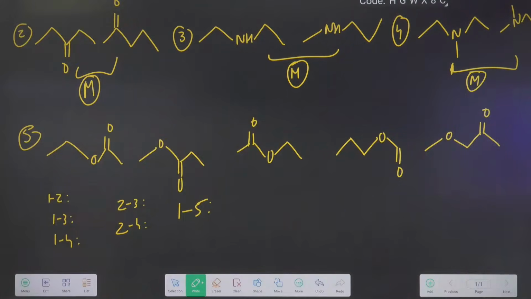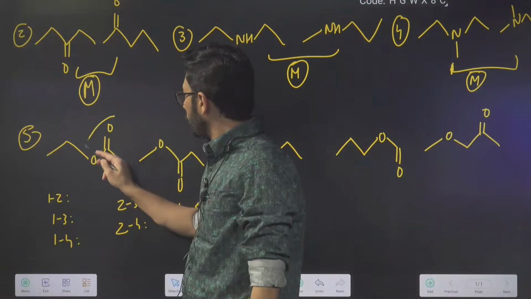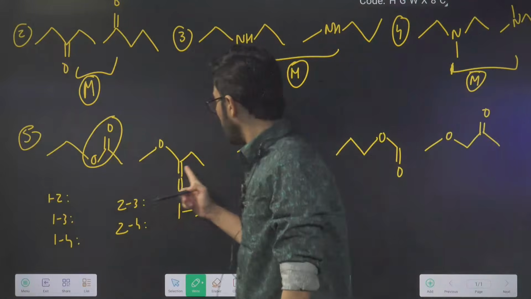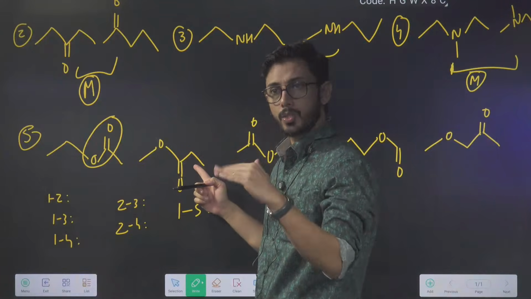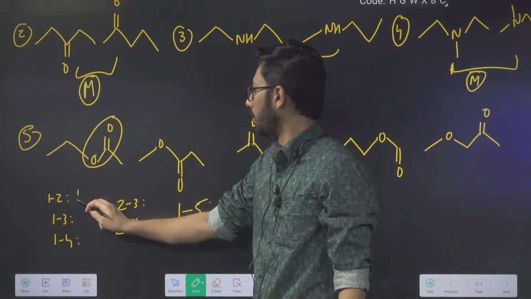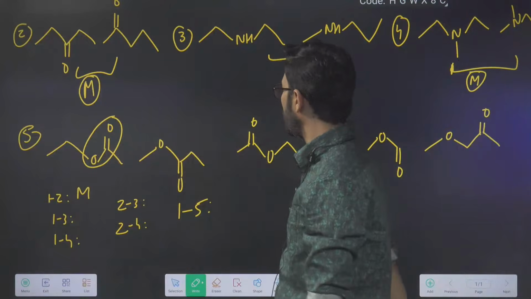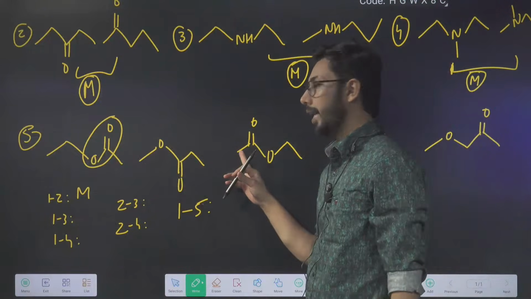Let's write the answer. In 1 and 2, both are esters. With respect to the ester group, here it is CH3, but here with respect to C double bond O, it is CH2CH3. The alkyl chain is changing. That means which isomer? Metamer. 1 and 3: observe here, with respect to C double bond O, here we have methyl, same.